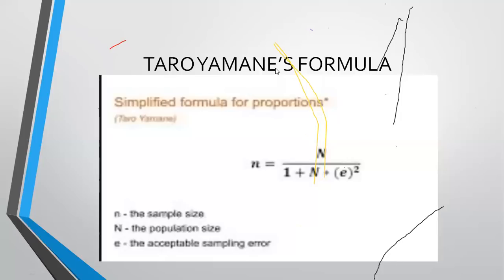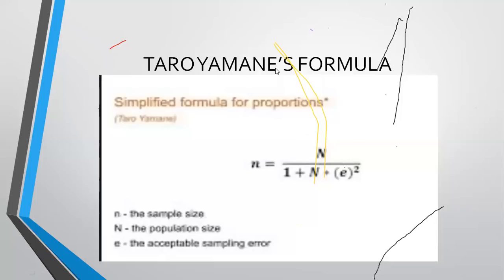That means it will be 2,000 all over 1 plus 2,000 into bracket 0.05 squared. And 0.05 squared is equals to 0.0025. So carry out your calculation and tell us the answer.